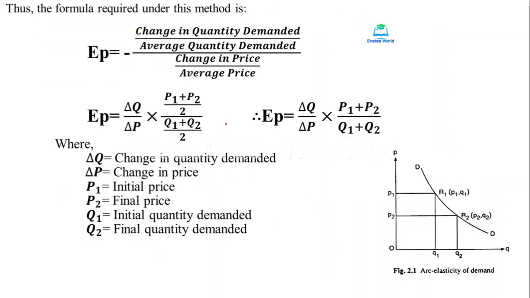Here the formula is price elasticity of demand is equal to delta Q divided by delta P multiplied by (P1 plus P2) divided by (Q1 plus Q2). Yes, please remember this formula. Here we can calculate the price elasticity of demand by taking 2 points. So this is known as the arc elasticity of demand.